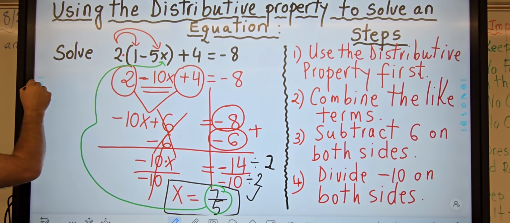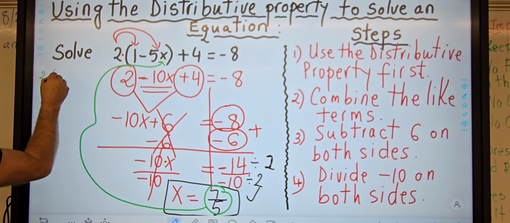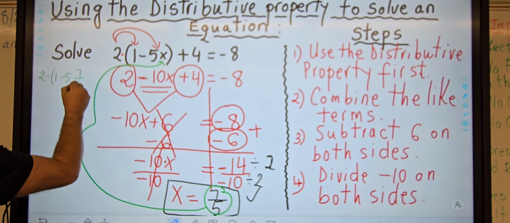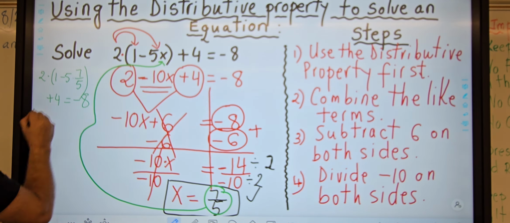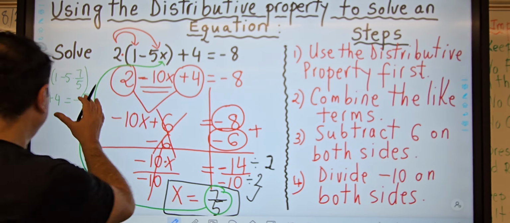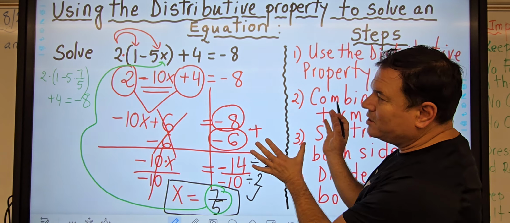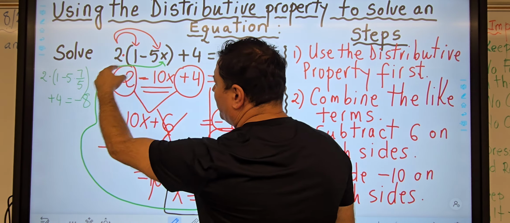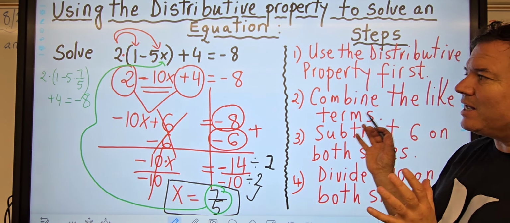So we have 2 times 1 minus 5 times 7 over 5, that's our x, plus 4, and that should equal negative 8. I put all the work over here because we don't have much room on this slide, but again, we multiply 2 times 1 minus 5 times 7 over 5 instead of x, plus 4 should equal negative 8. And let's see if that is the case.